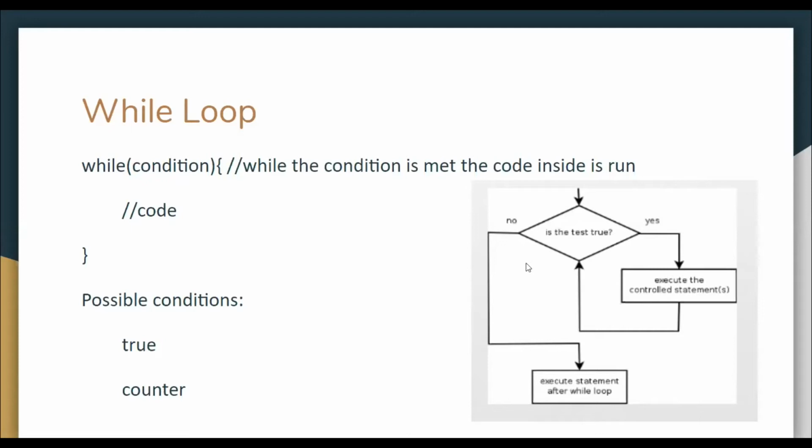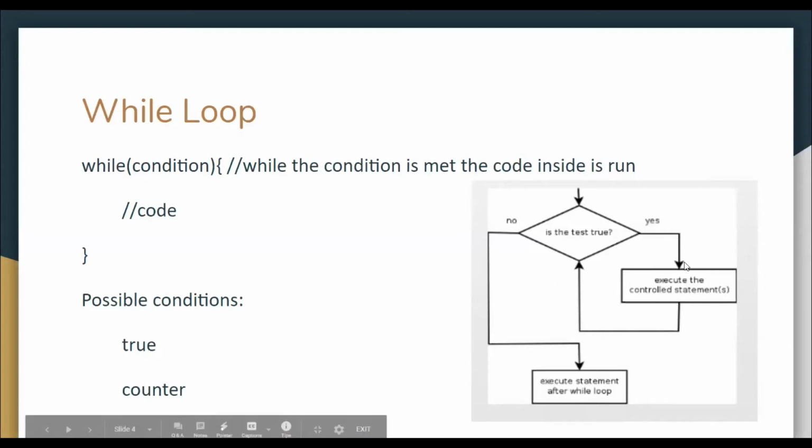And here is a picture I thought would make a bit of sense. So basically how the logic behind the while loop works is it checks the condition or the test. So if the computer determines that the test is true, then the coding side or the control statements inside would be run, and then it would check to see if the test is still true.